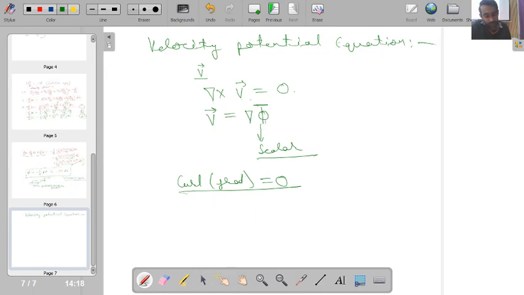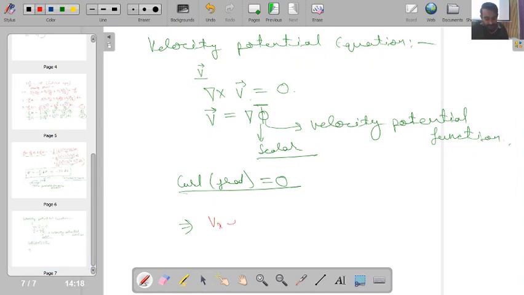When we do so, this particular scalar is called the velocity potential function. Now our v vector is equal to Vx i cap plus Vy j cap plus Vz k cap.